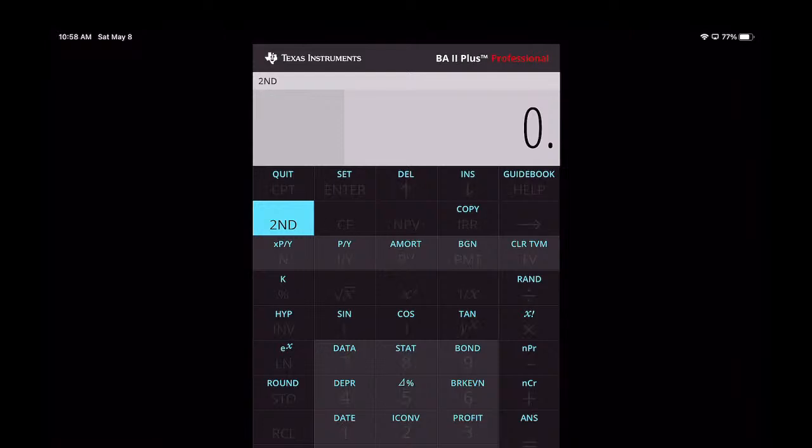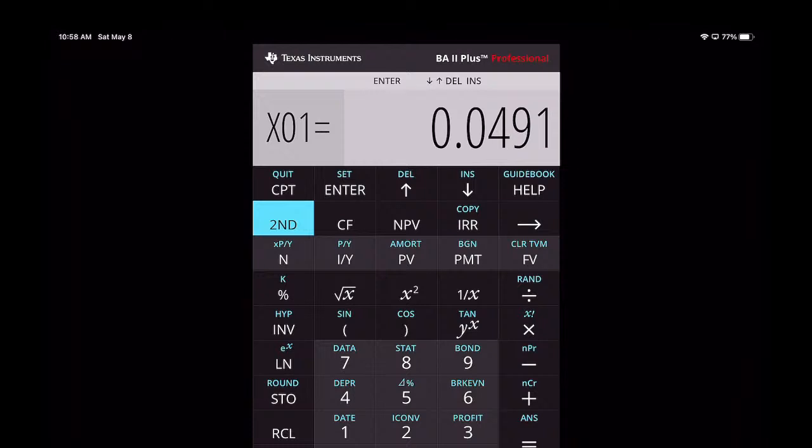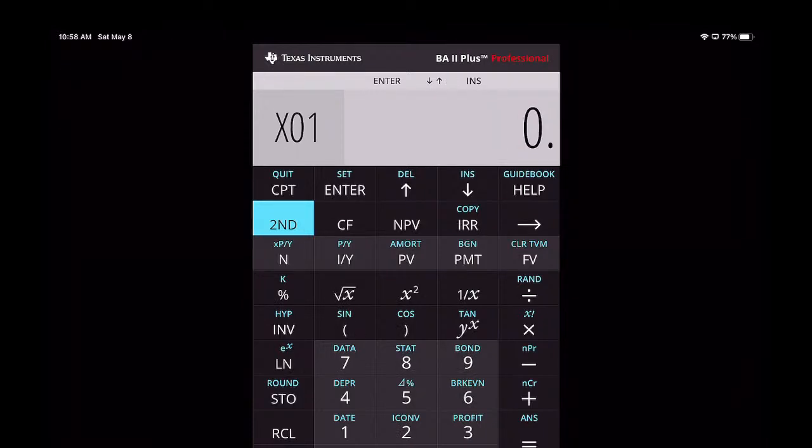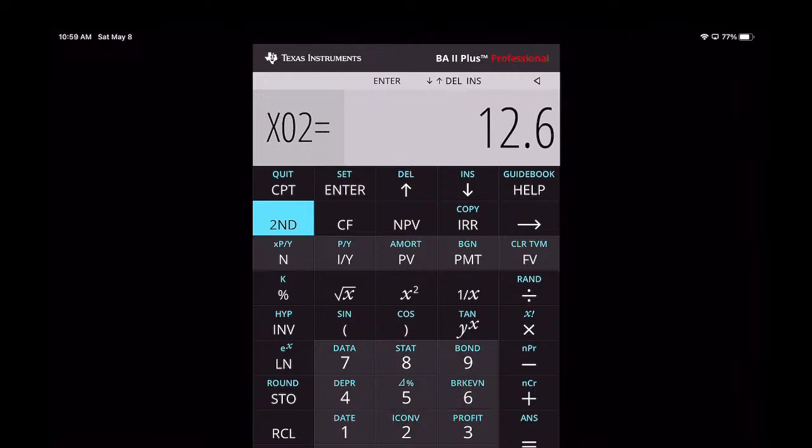We're going to check our data. There's something in there and I need to clear that. So second, clear work, and I start to enter my values. 10.9, enter, down. I'm just entering one variable, not two, so the frequency is just 1 and we're not entering y. The second one is 12.6, enter.